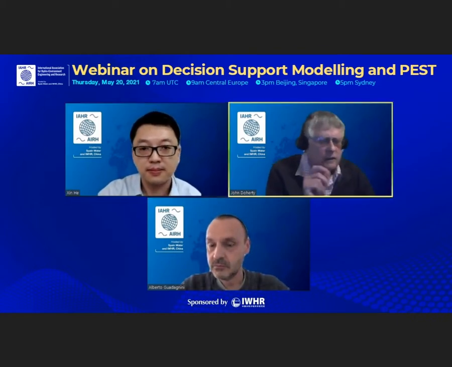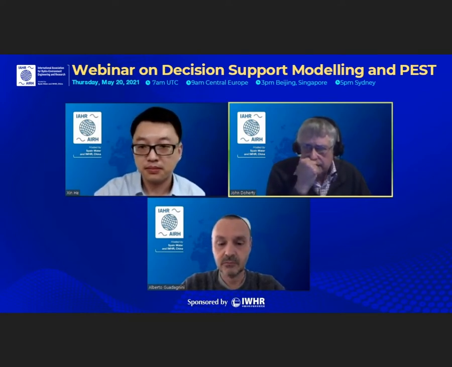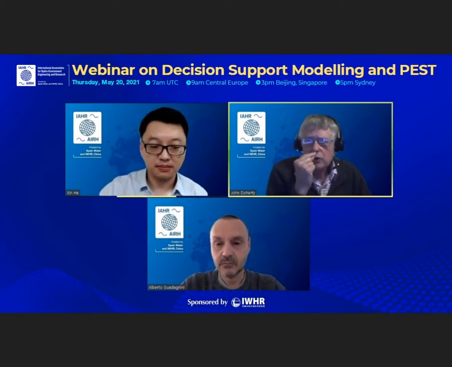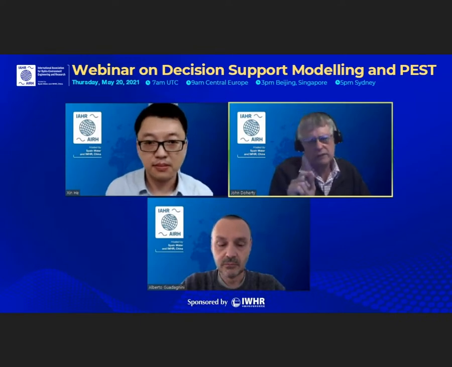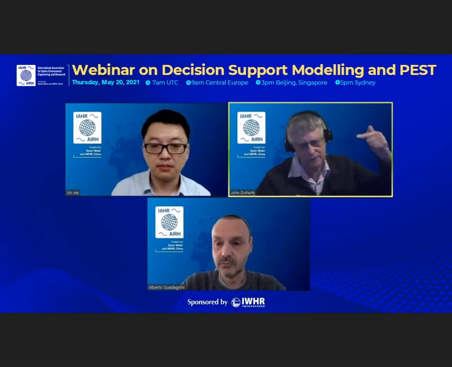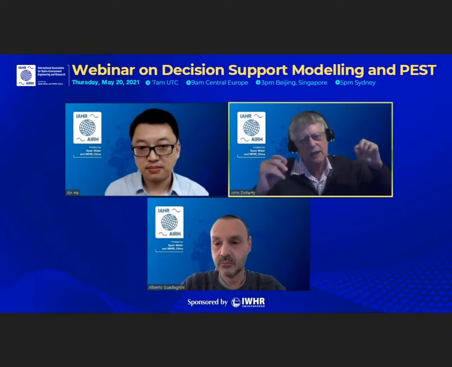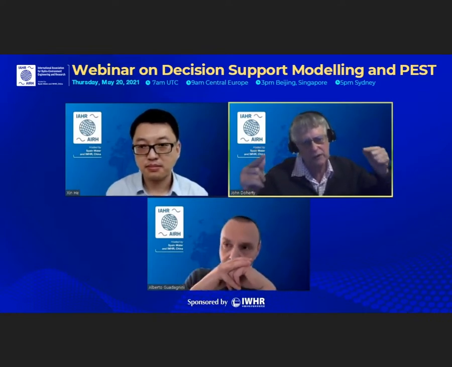Yeah, the answer is yes. It's not actually PEST. PEST doesn't know anything about parameters. It is model independent. It's the software that comes with PEST that looks after the parameterization.